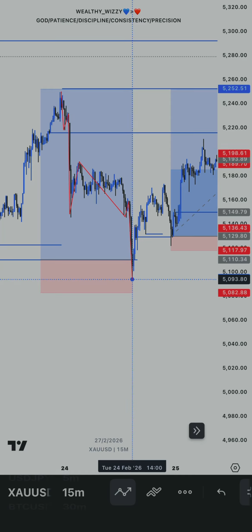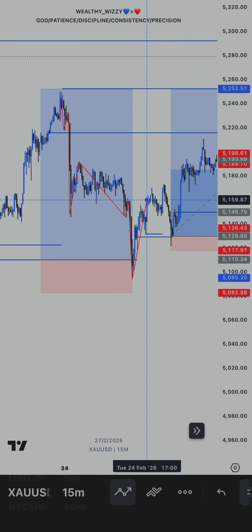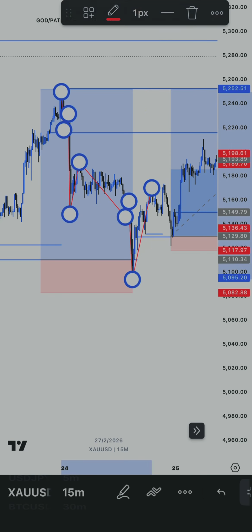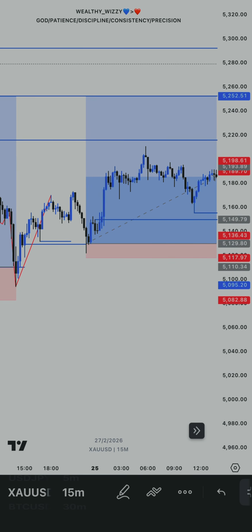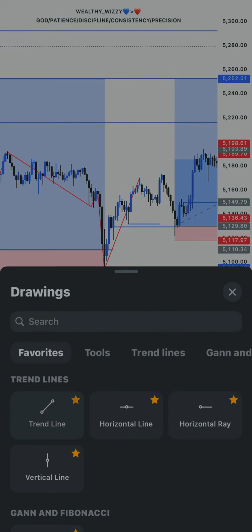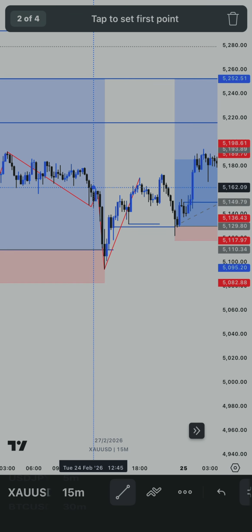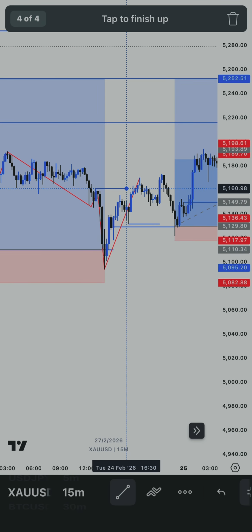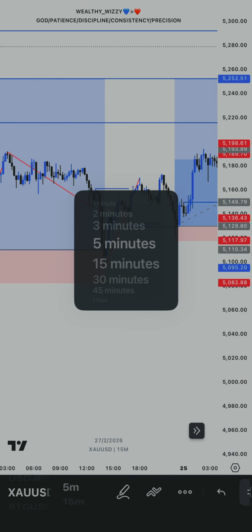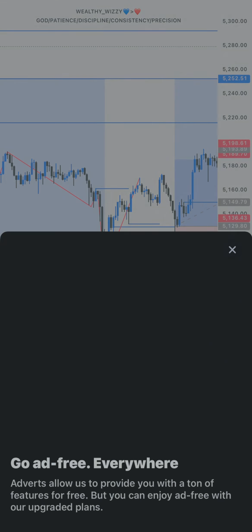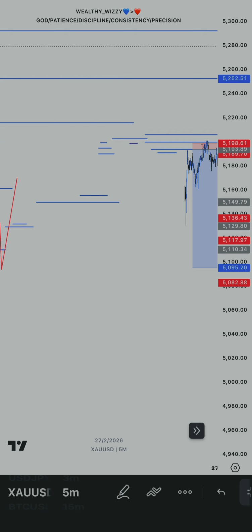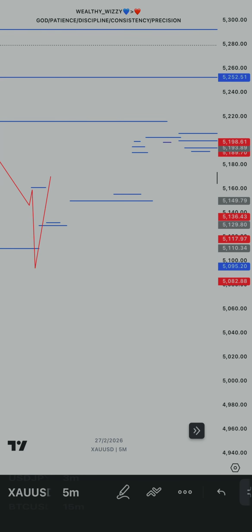You understand? Then price gave us this market structure shift by breaking above this previous lower low, which is this zone here. Price broke above it, giving us an MSS. If you go to the 5-minute time frame, it will be clearer. Let's go to the 5-minute time frame so I can get it clearer.